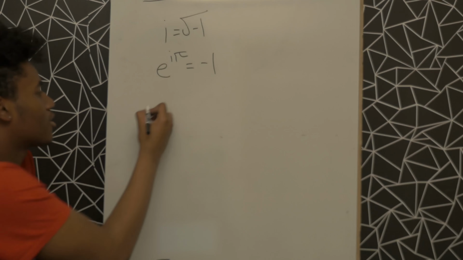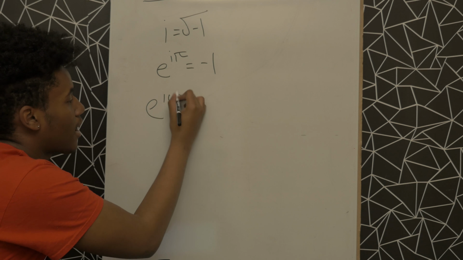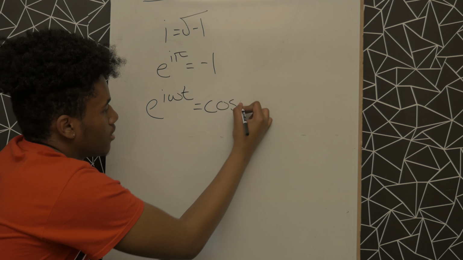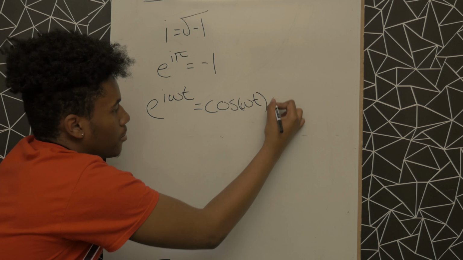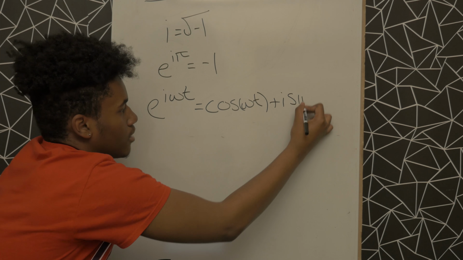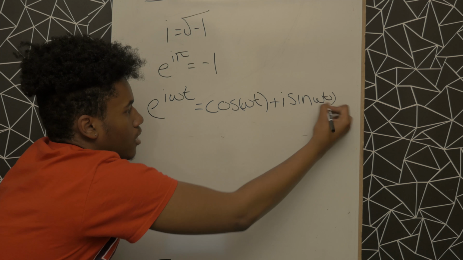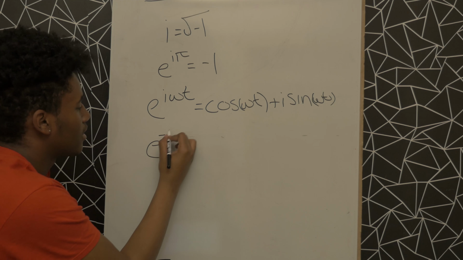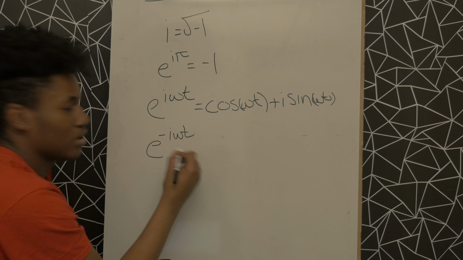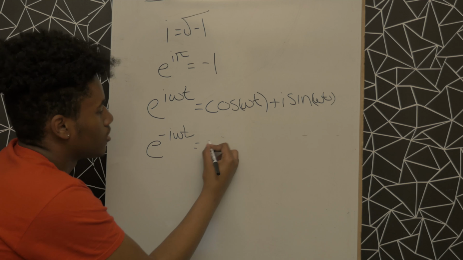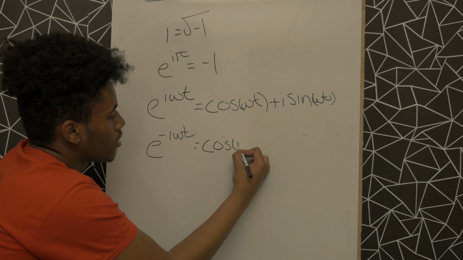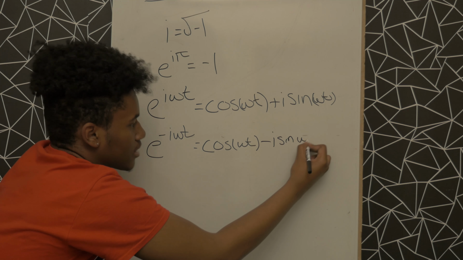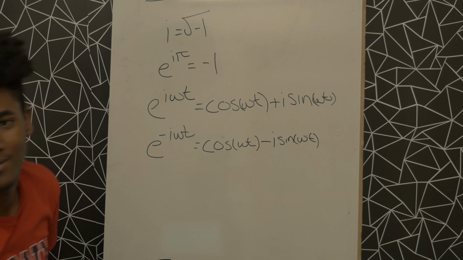So from here, you should know that e to the i omega t would be equal to cosine omega t plus i sine omega t. And on the flip side, you should know that e to the negative i omega t is equal to cosine omega t minus i sine omega t.